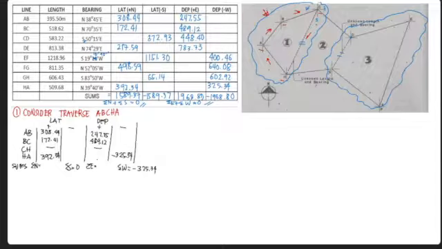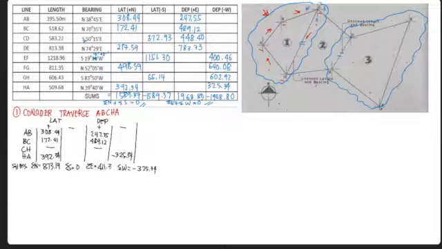So, 873.19. And the departure is 411.33.